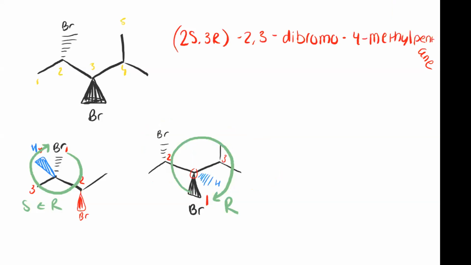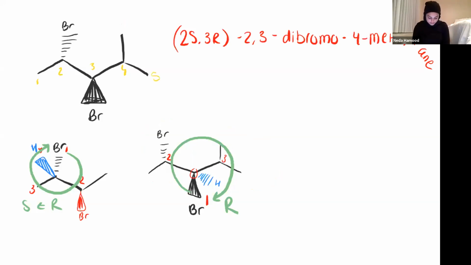I actually numbered it differently. I went 1 through 5 straight across. Like this, you move the... like this. Yes, same thing. This is not a chiral carbon.